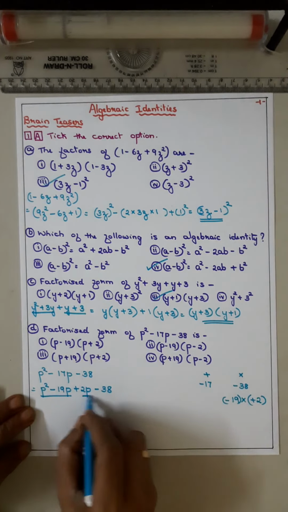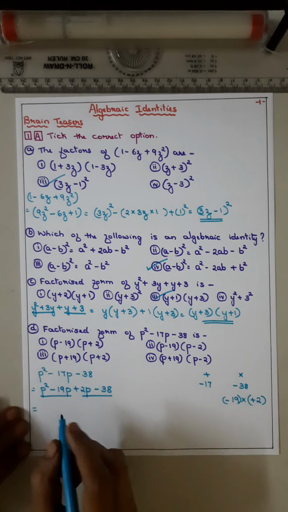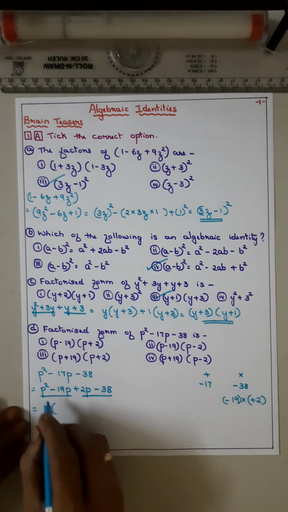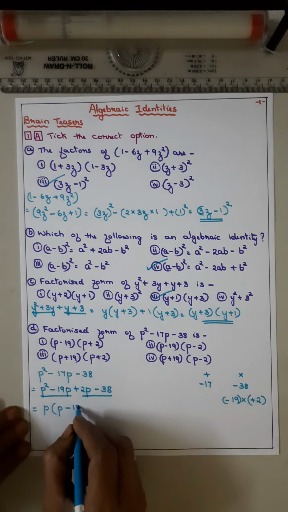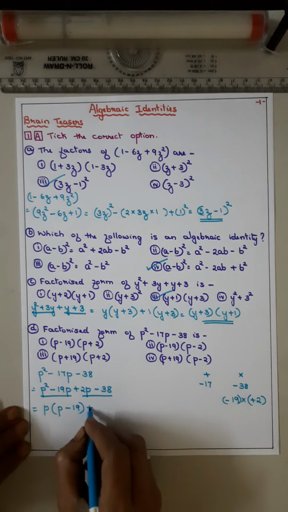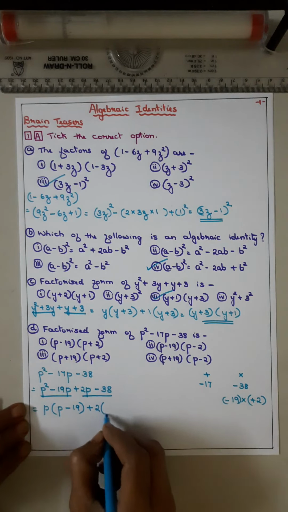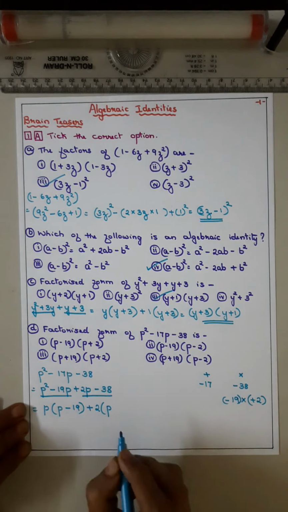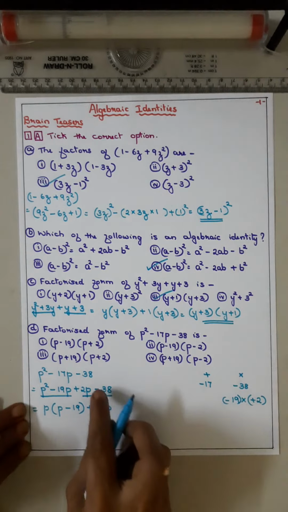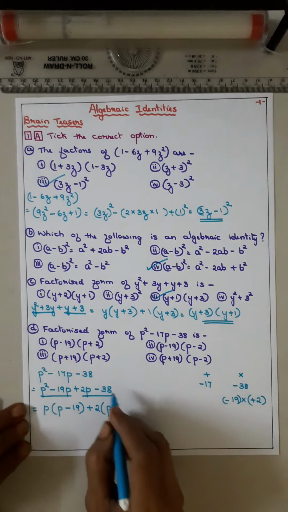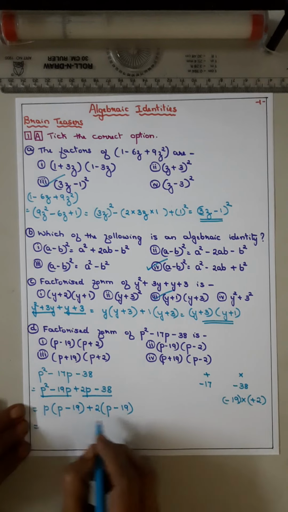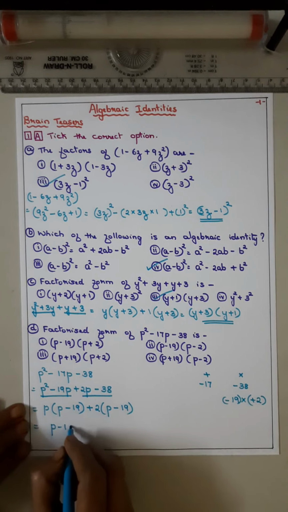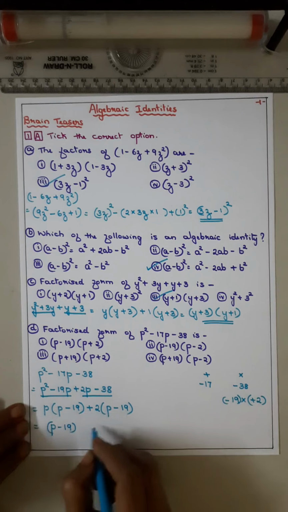Now underline. Now what is common in this, p. क्या बचा, एक p और इधर -19 और इधर कॉमन क्या है, +2. तो ब्रैकेट के अंदर फर्स्ट आएगा p -2. हाउ मच ज़ा 38, 2 19 ज़ा. तो ब्रैकेट के अंदर है p -19 और जो बचा है p +2.